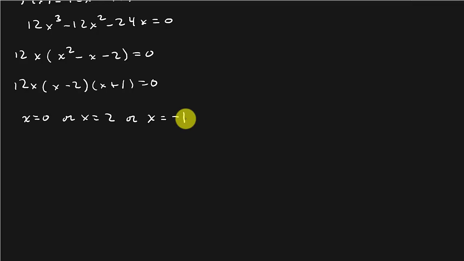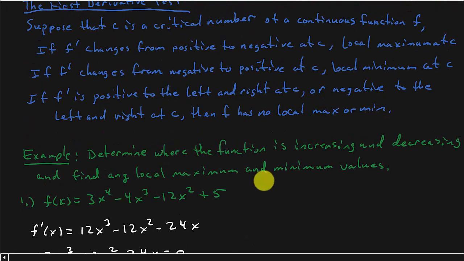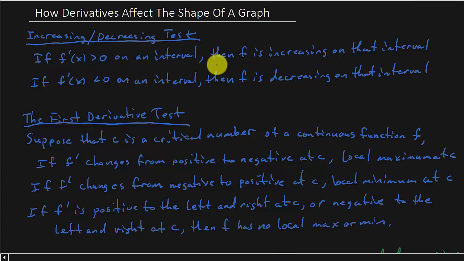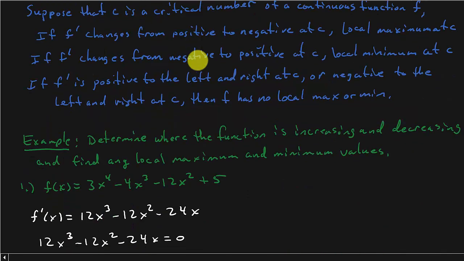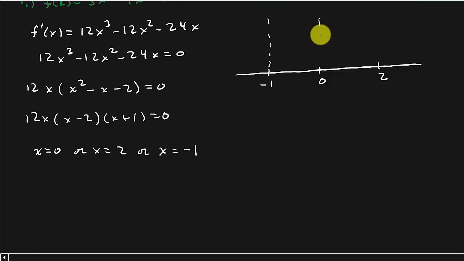So now let's find out where this thing is increasing and decreasing. How do we do that? We're going to do what this says up here, and then when we find local max and min, we're going to do what this says. It's easier than it sounds. So let's draw our number line and plot our critical numbers on it.